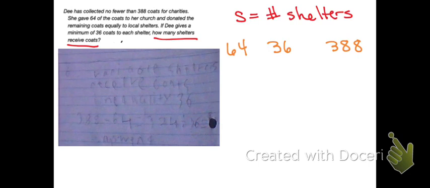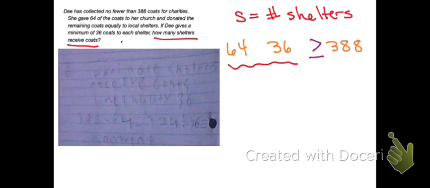So, are we multiplying 64 times S or 36 times S? And then do you want this to be less than 388 coats? Less than or equal to? Greater than?